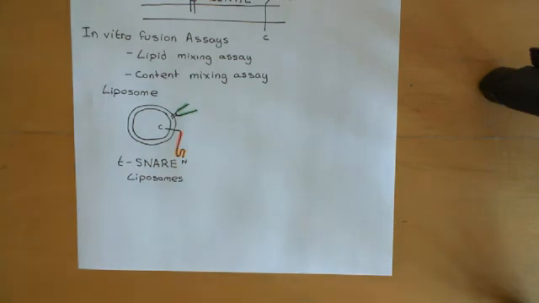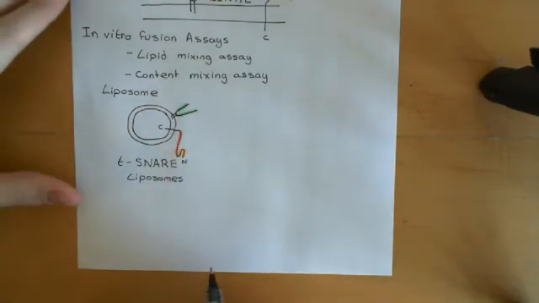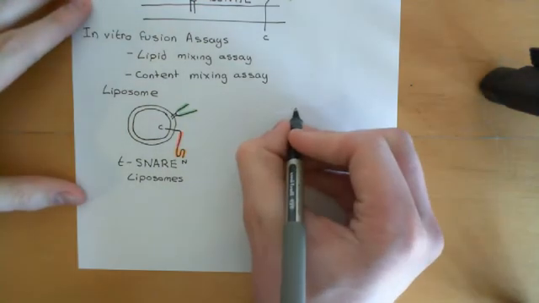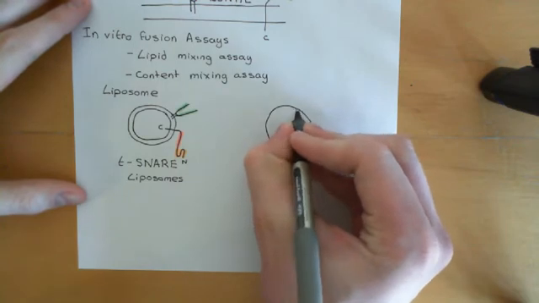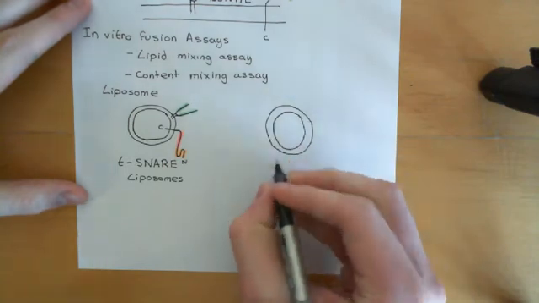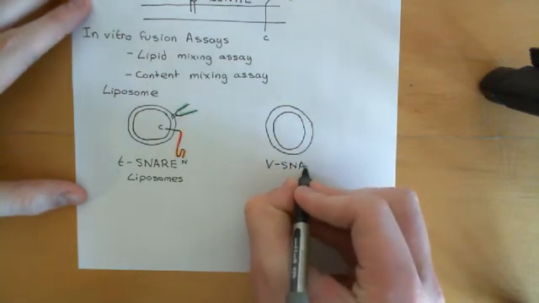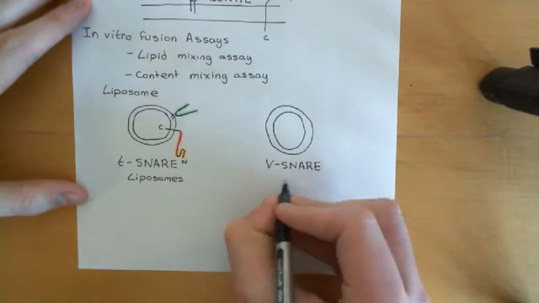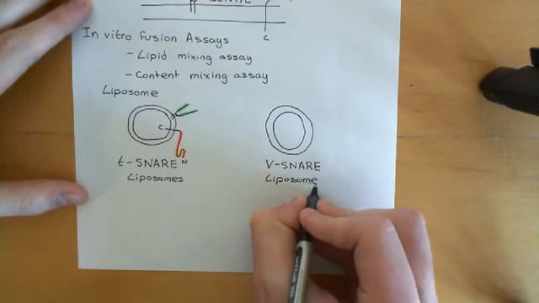So in one population of vesicles, you put the T-SNAREs, and of course these will form T-SNARE complexes, providing of course the syntaxin 1 is in the open state. Then you can have another population of liposomes, like so. So here is another liposome, and in this population of liposomes you can put the V-SNAREs. We will call this population of liposomes the V-SNARE liposomes because they are the ones which have the V-SNAREs in.